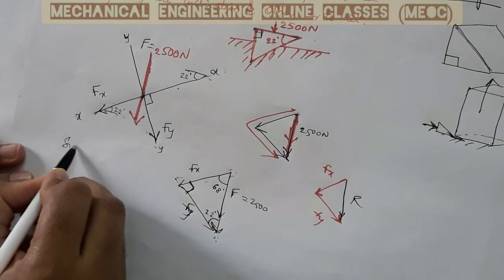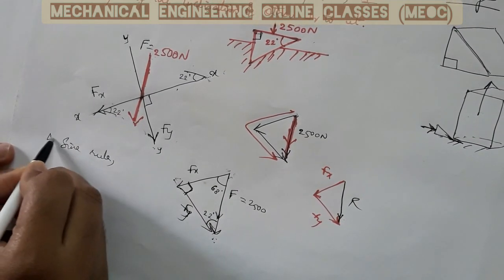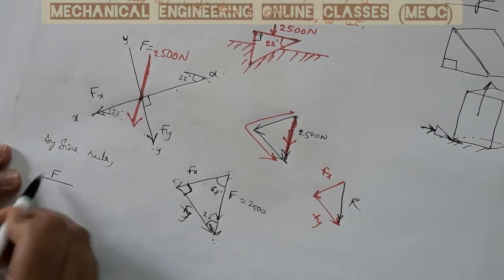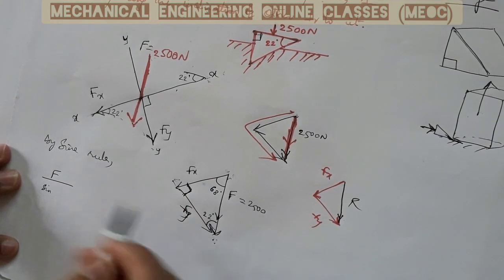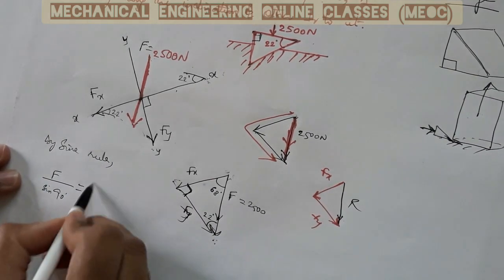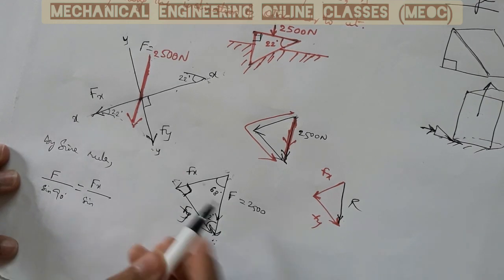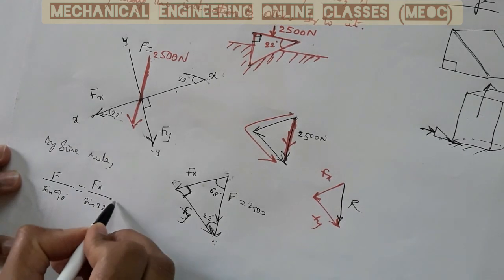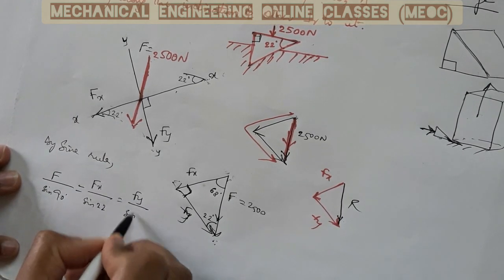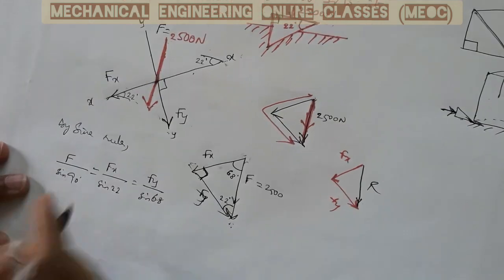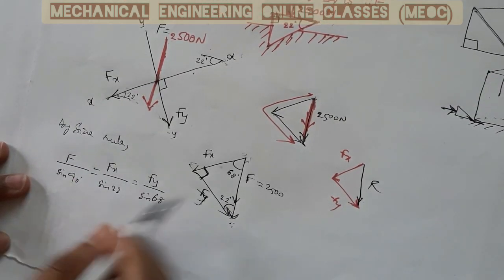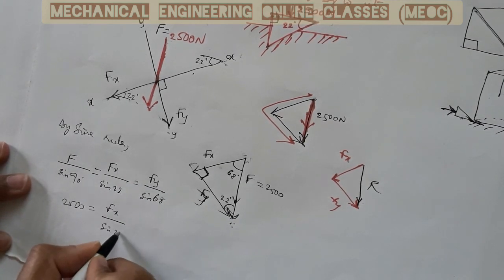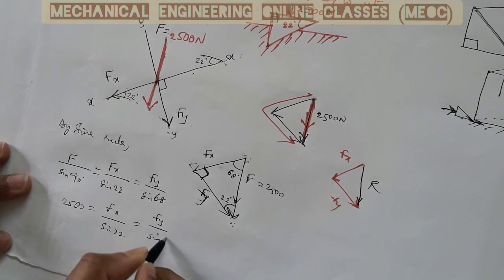So by sine rule, F divided by sine of the opposite angle, the angle between the other two sides, is 90. This is equal to Fx by sine of the angle between the other two sides, which is between F and Fy, is 22. This is equal to Fy by sine of 68. Now F by sine 90 is F. F is nothing but 2500. So this is equal to Fx by sine 22, equal to Fy by sine 68.